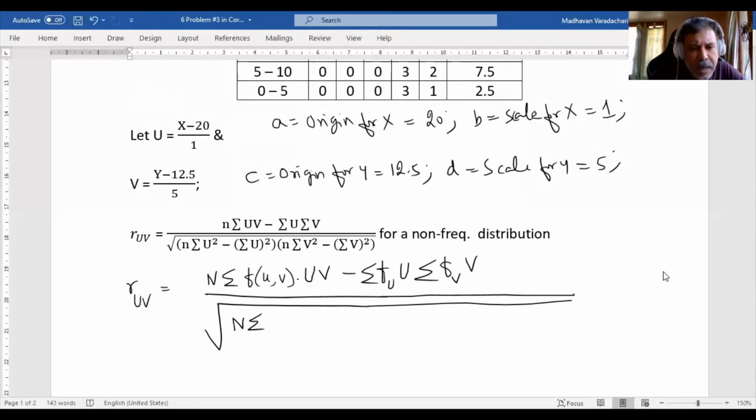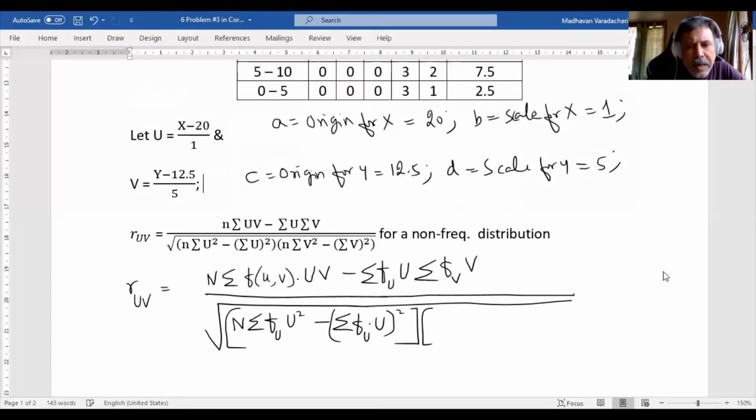Since it is u square, I will write here f suffix u into u square, minus, here it is u only, so we will write summation f suffix u into u the whole square. This entire thing will be inside a bracket.